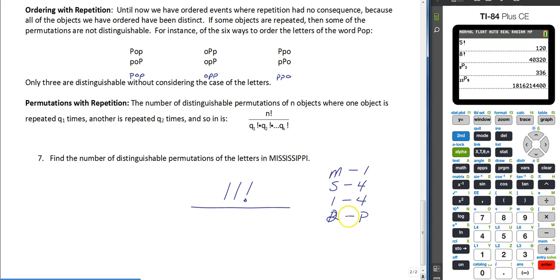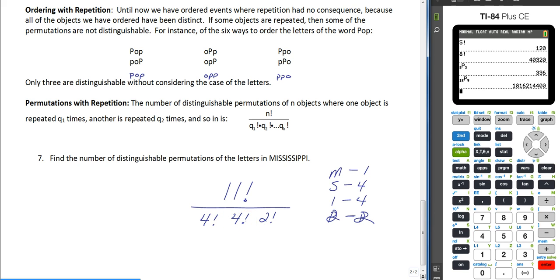So that means we would have to divide by 4 factorial for the S's, 4 factorial for the I's, and 2 factorial for the P's. And you can divide by 1 factorial for the M, but it's all by himself, he's 1. Okay, so you would just have to type all of those individually, or you can type it all into your calculator. Yes, you can do 11 factorial divided by 4 factorial times 4 factorial times 2 factorial.